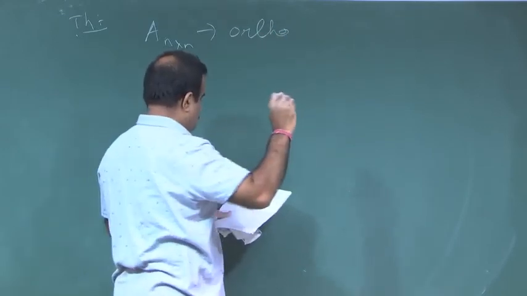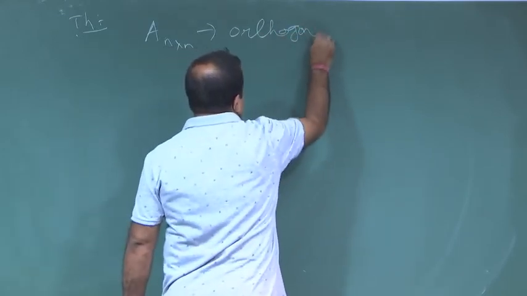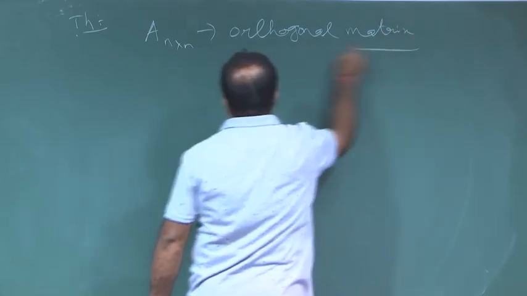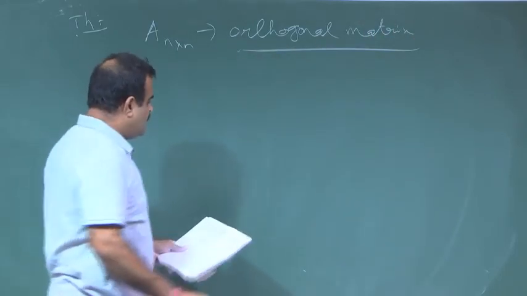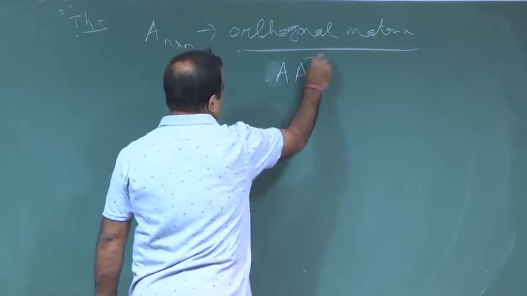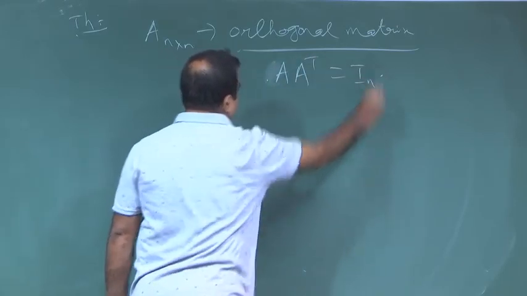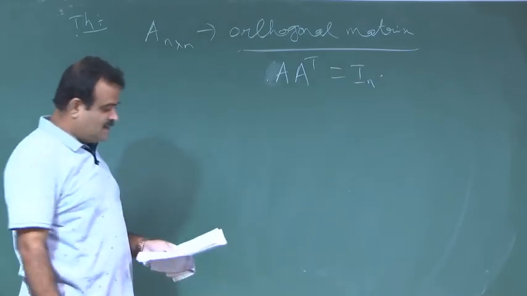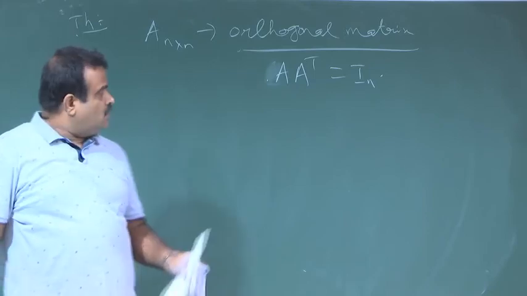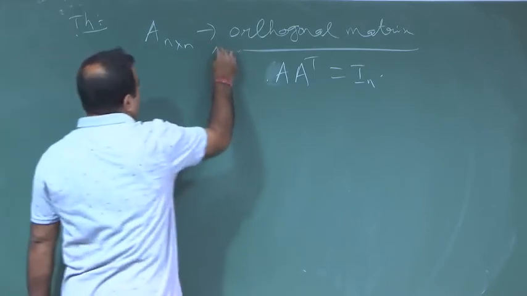Orthogonal matrix means A A transpose equals identity. So, that means A transpose is the inverse of A.